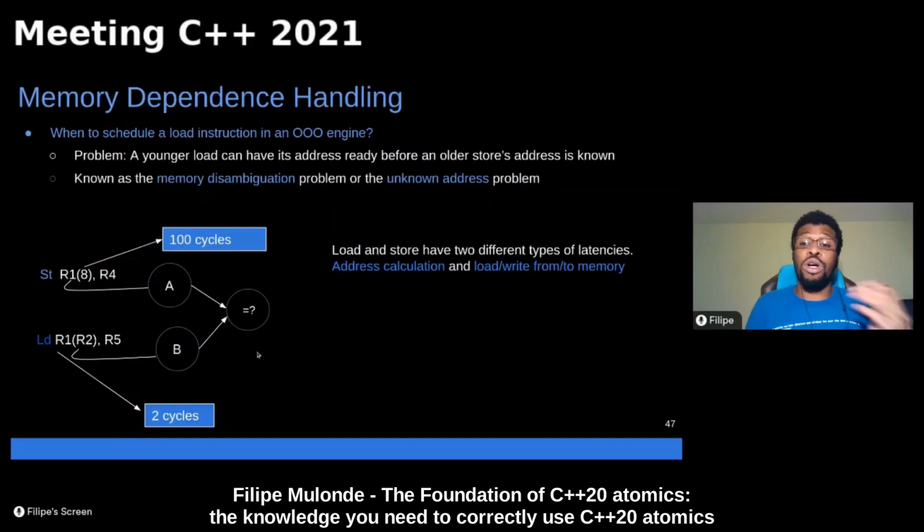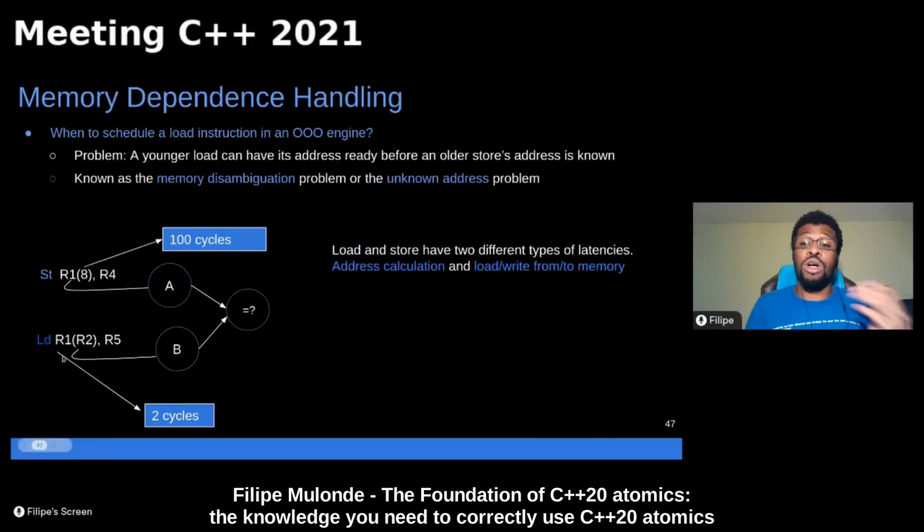Well, no. Why can we not? Because maybe this load depends on that store. Maybe what this load is going to access in memory will be written by this store. But to check if there is a dependency between the load and store, we need the address.